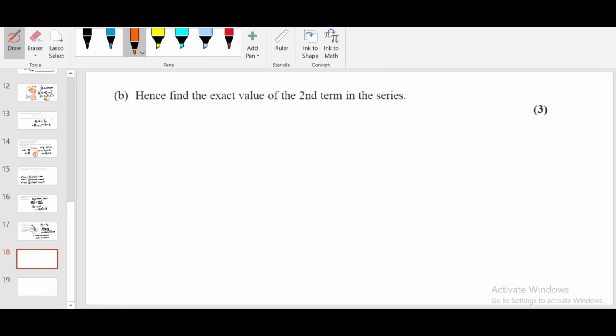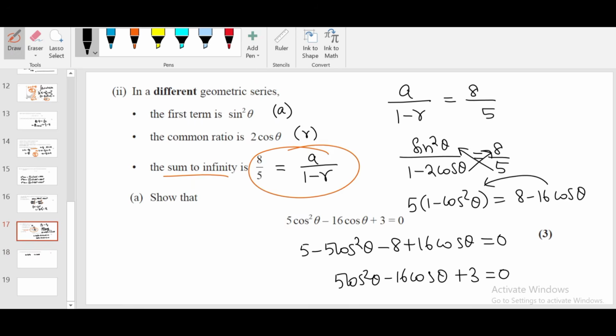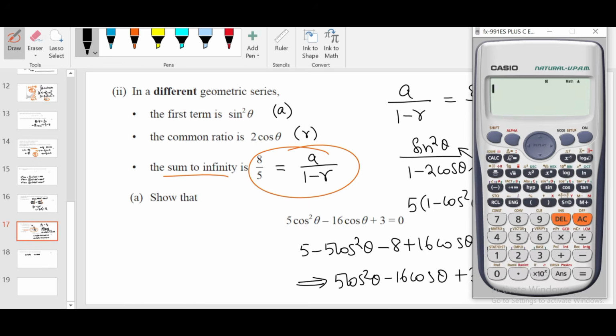The last one now. Find the exact value of the second term in the series. We know the first term is sine squared theta and the common ratio is 2 cos theta, right? Okay, here we have a quadratic equation. We are going to solve this quadratic equation first.